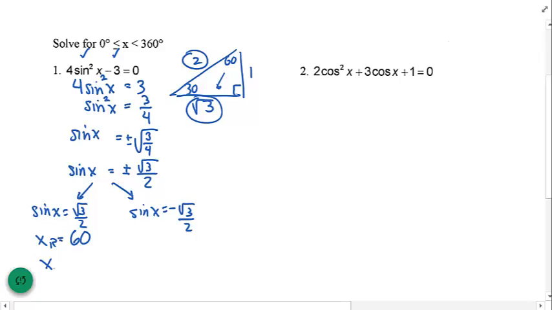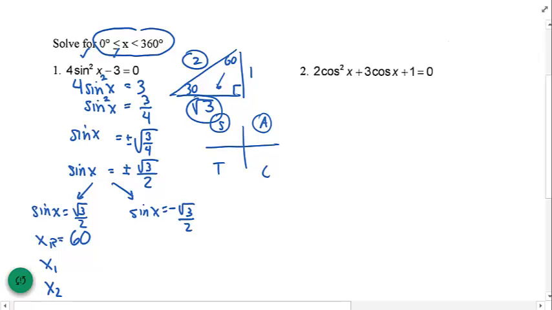The second thing we have to realize is that we have two solutions every time we find a reference angle, especially if we're looking in a domain from 0 to 360. So we know that we use an acronym in class where we say ASTC. Some people say all students take calc. So in the A quadrant, all trig ratios are positive, and in the S quadrant, the sine ratios are positive.